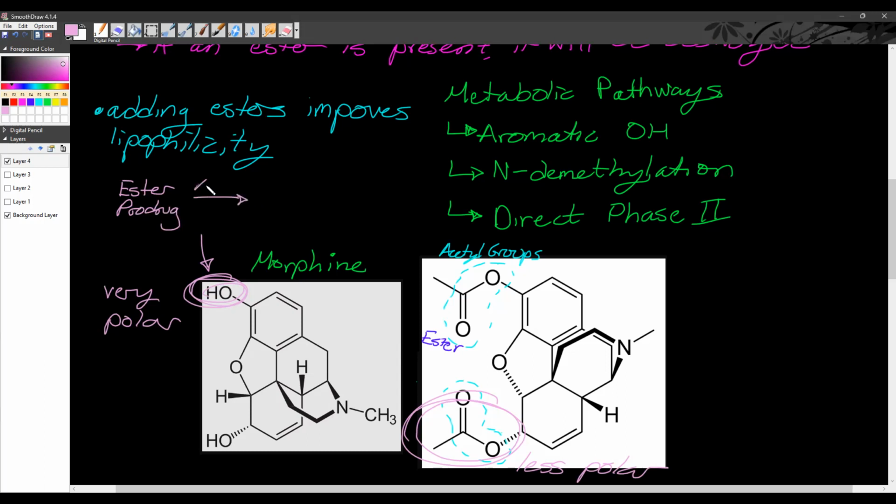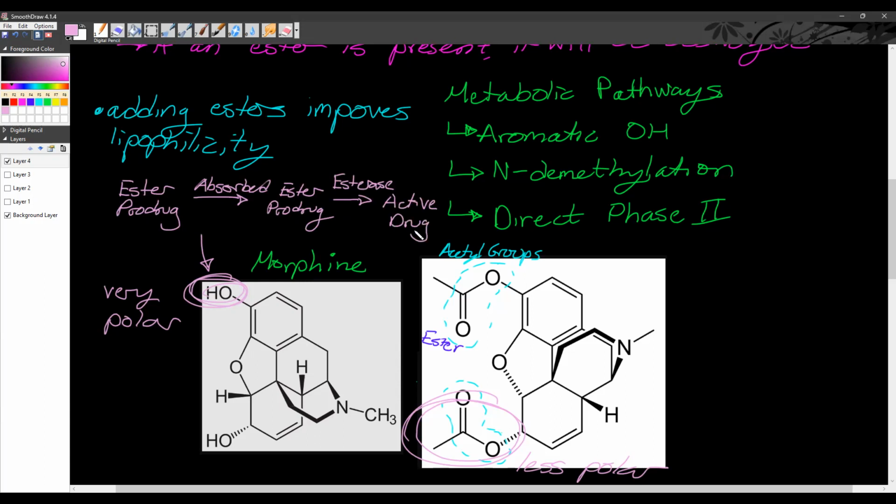We have this get absorbed, and then we have our esterase liberate the active drug.